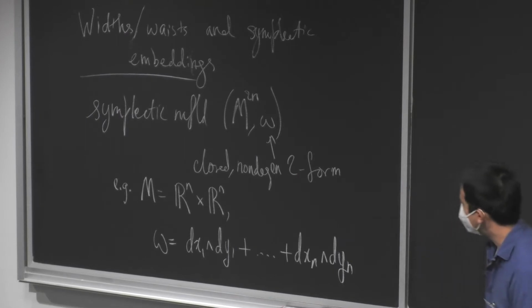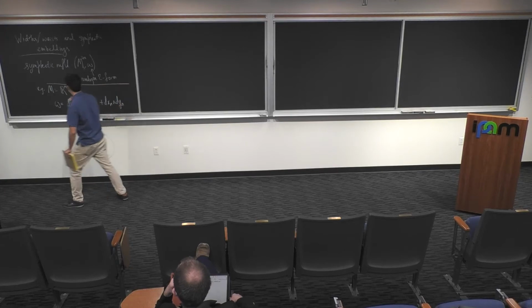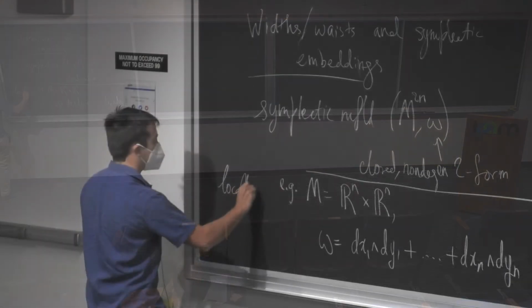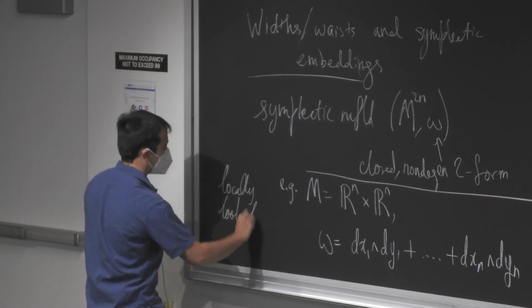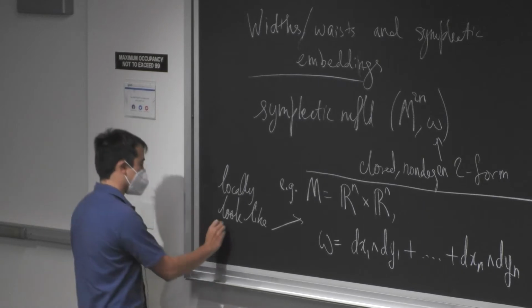So dx1 wedge dy1 plus through to dxn wedge dyn. And so at least locally, they all look like this. So it's a good local model, and this is the Darboux theorem.